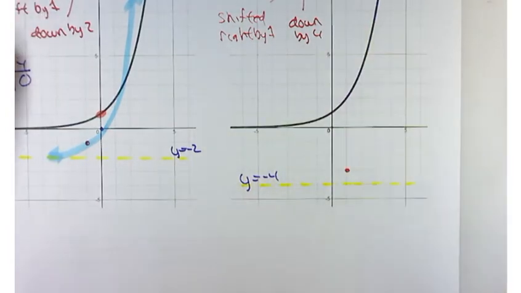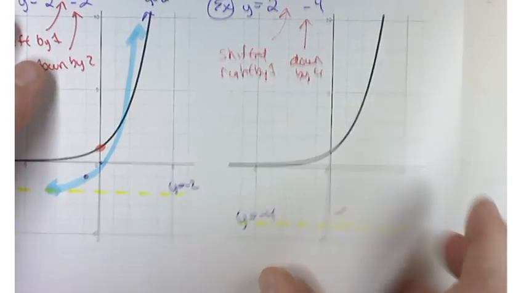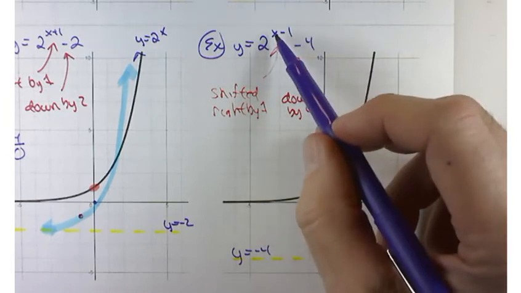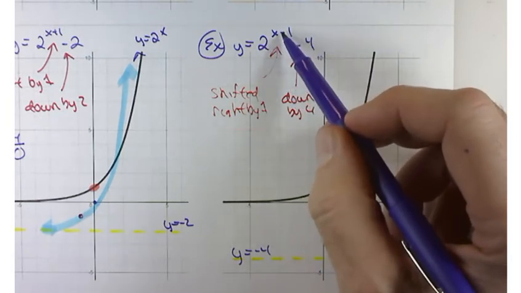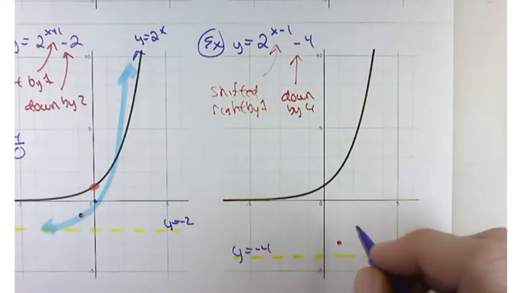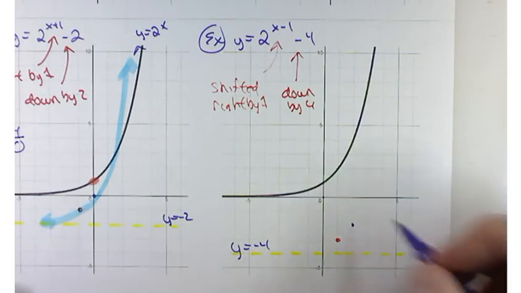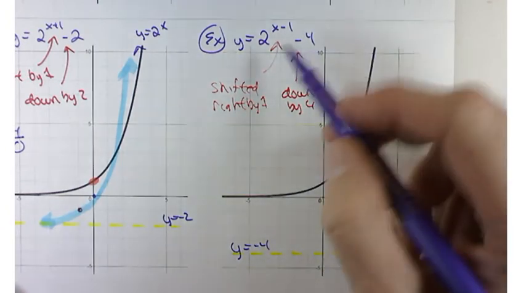If I want to help myself out, I can plot other points. There's nothing wrong with that. So for instance, at x equals 2, 2 minus 1 is 1. 2 to the first power is 2. 2 minus 4 is negative 2. So I get a point there. And if I went to the next one, at x equals 3, I'd end up at 0.